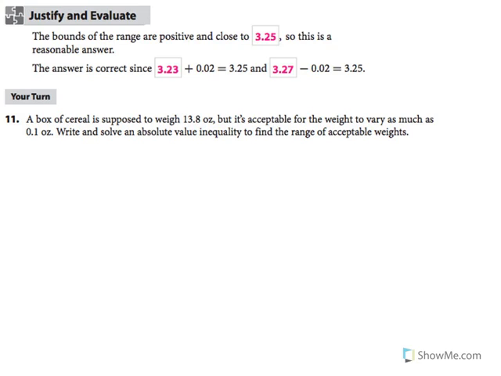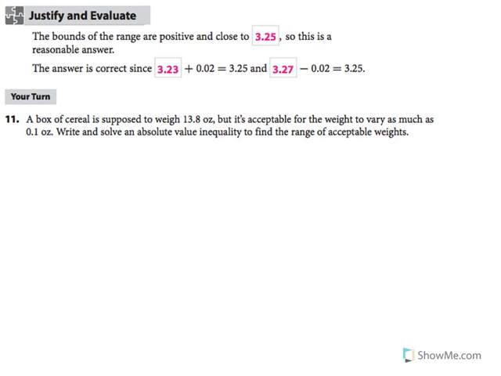So then the correct answer is you take 3.25 minus 0.02, which gives us 3.23, and 3.25 plus 0.02 gives us 3.27.